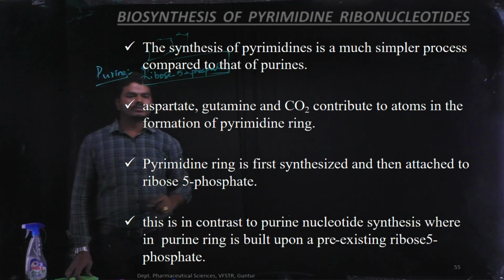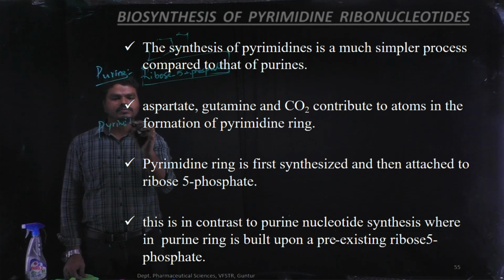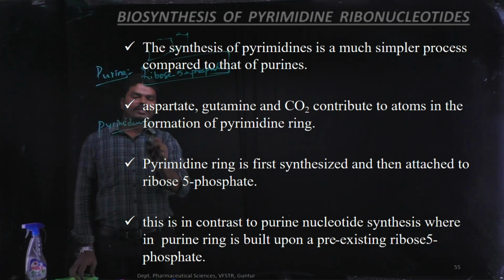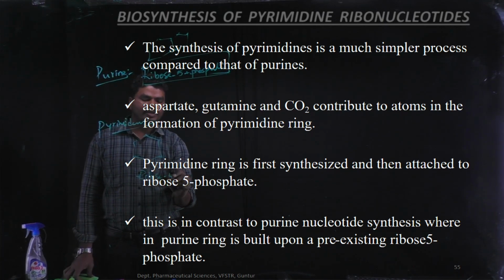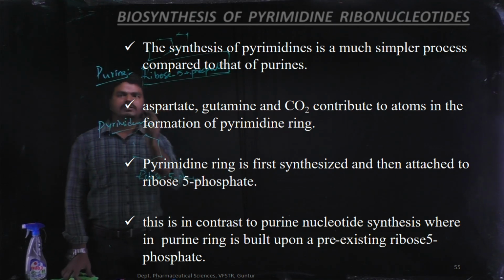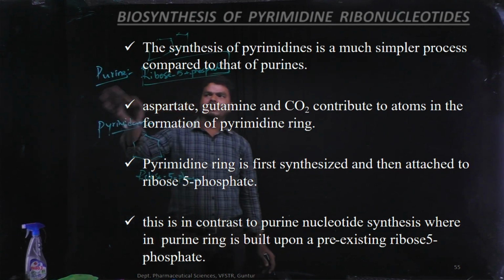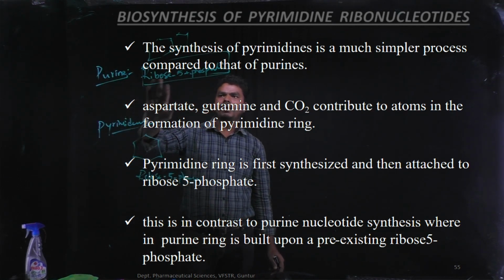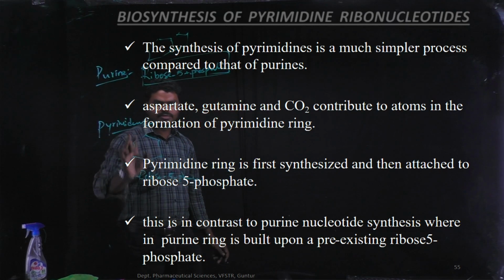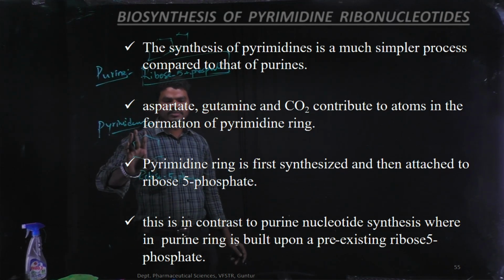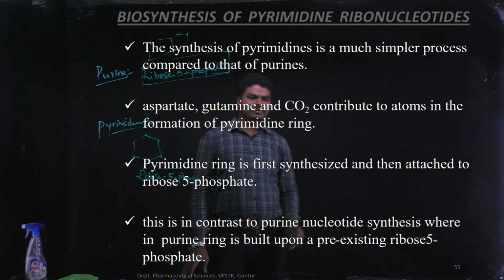So that is the difference between purine and pyrimidine biosynthesis. In purine biosynthesis, the synthesis happens on ribose 5-phosphate, but in pyrimidine biosynthesis, the pyrimidine ring is synthesized first and then attached to the ribose 5-phosphate.